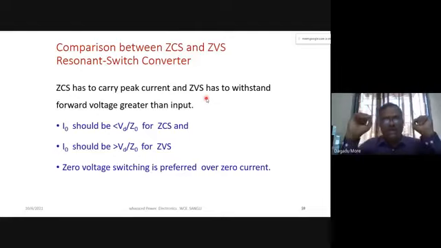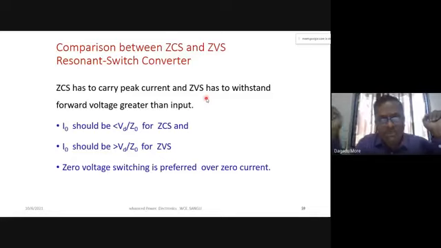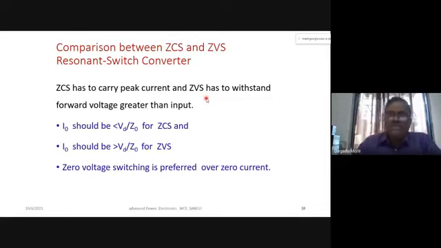In ZCS, output voltage increases with frequency, whereas in ZVS, output voltage decreases with an increase in frequency. So these will be the differences, and also the essential requirement for load current in case of ZCS and in case of ZVS.